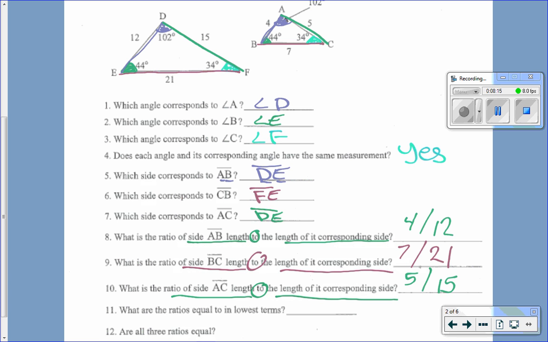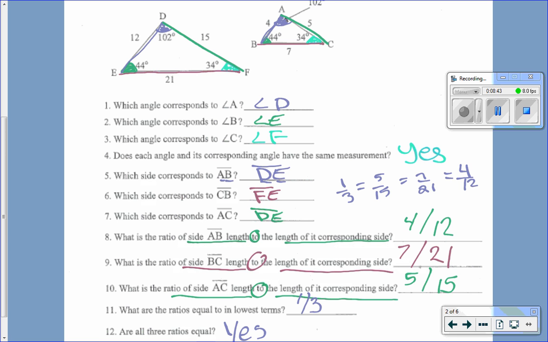All of those are equal what? 1/3. Good, yeah. So 4/12 equals 7/21 equals 5/15, and they all simplify to 1/3. That's just one big long proportion, right? Okay. Are all 3 ratios equal?